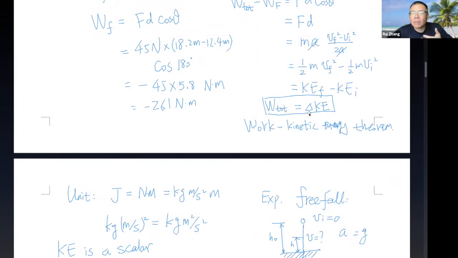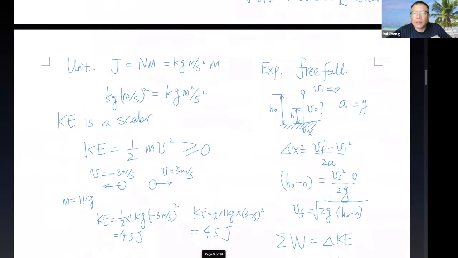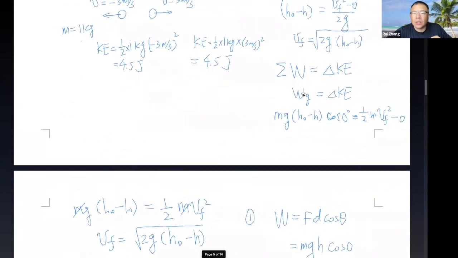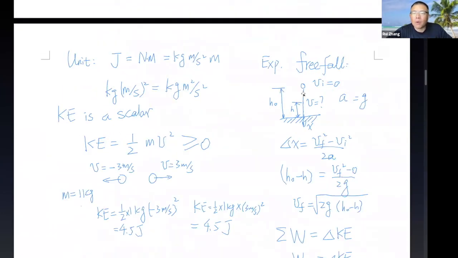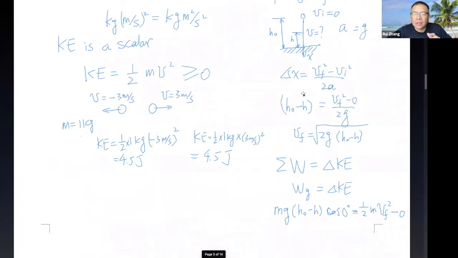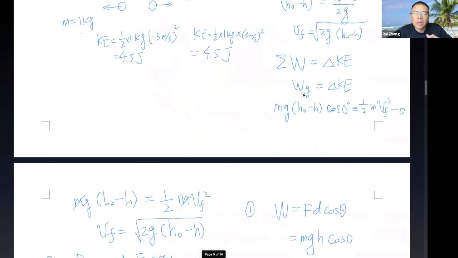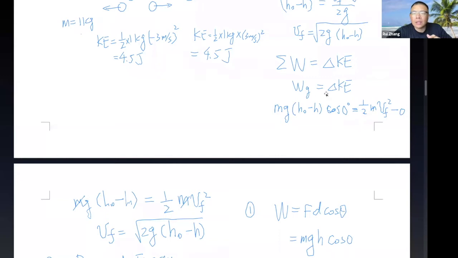Well, work and energy provide you a different approach. From this example, what do you need? You do not need to worry about force or acceleration. You can go to work and kinetic energy and use that concept to solve the problem.